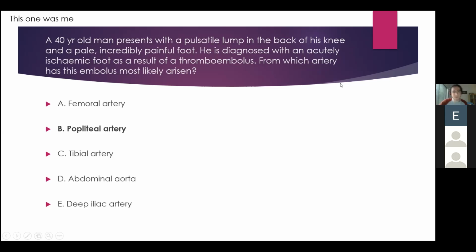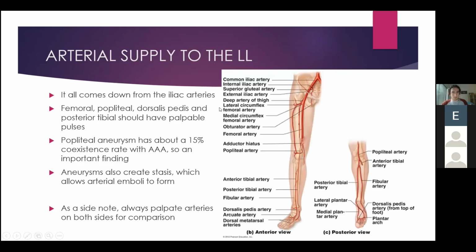Oh, okay. So what is this pulsatile lump? Can someone tell me? Like an aneurysm? Exactly right. So pulsatile lumps are almost always aneurysms. Axillary, popliteal.